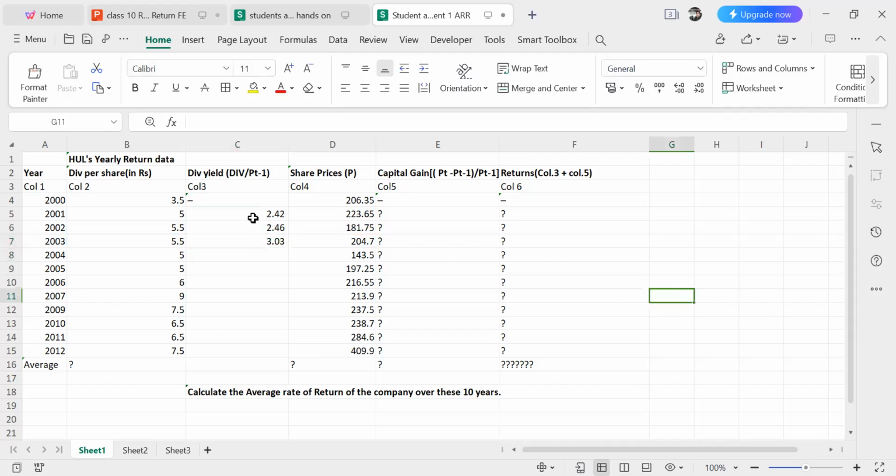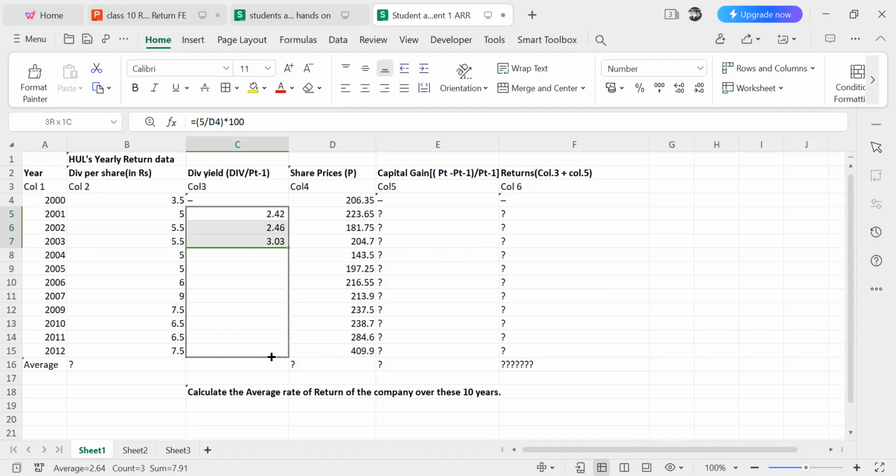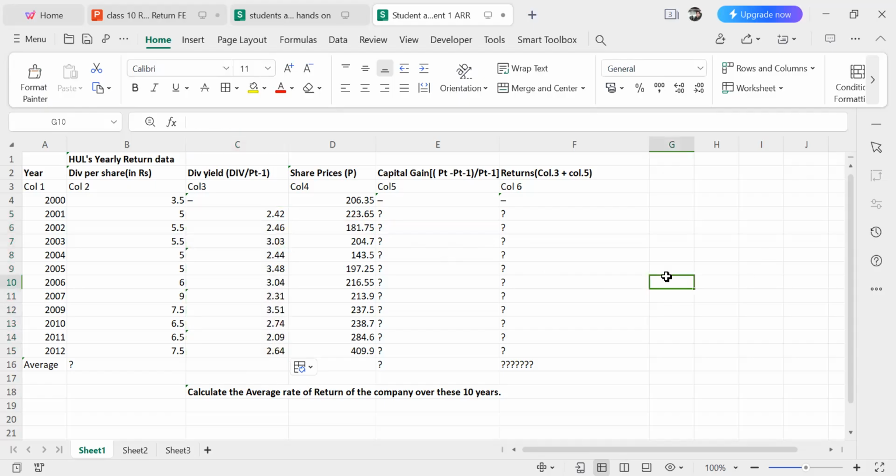It is coming this way, but I'm copying the formula. It is not coming. Let me check again. Just, now it came, I think. These are the answers, correct? Yes, ma'am. Okay. So now let us go to the second one, capital gain.